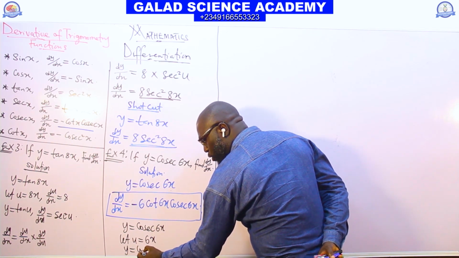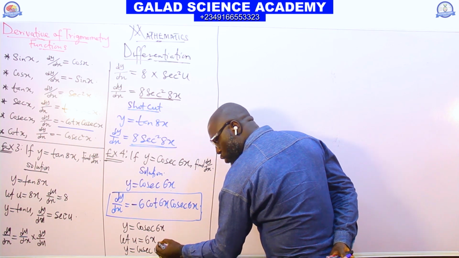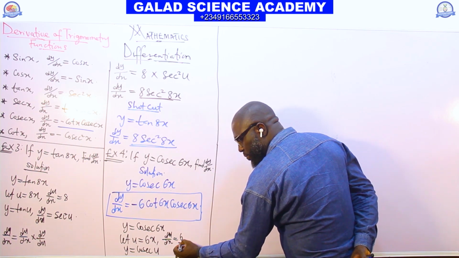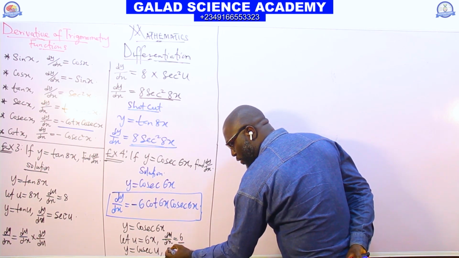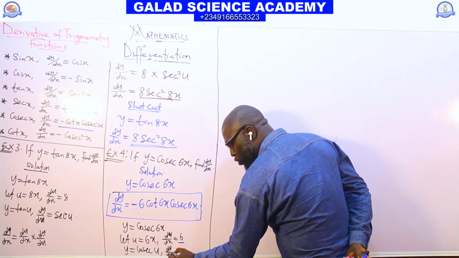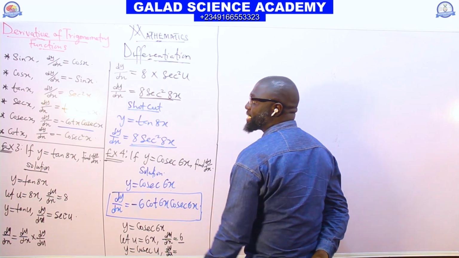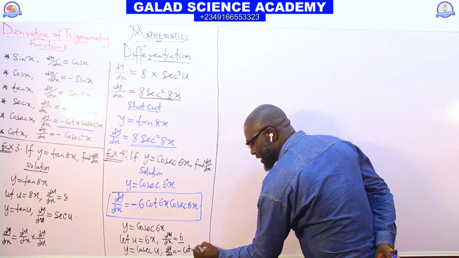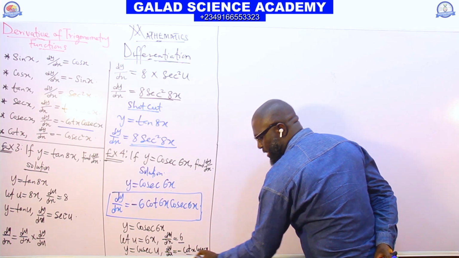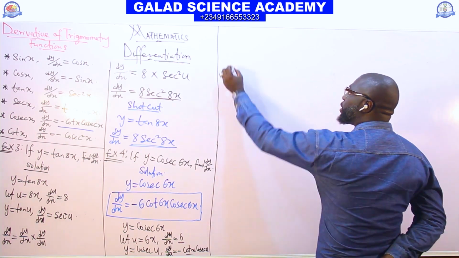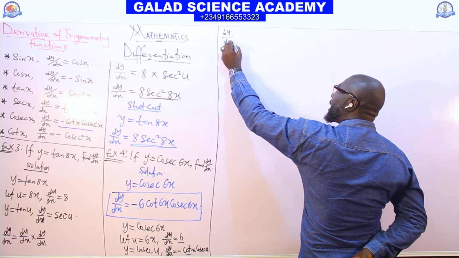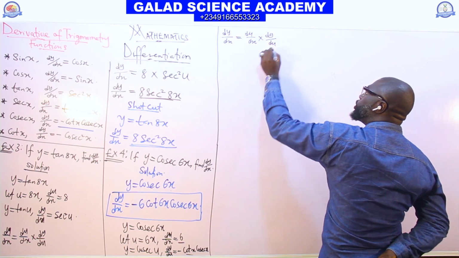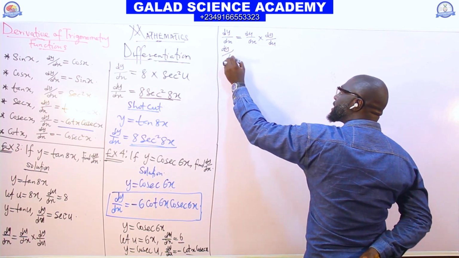Then y now equals cosec u. du/dx here gives us 6, and the derivative of y with respect to u, the derivative of cosec x, we have it here: cosec x will give us minus cot x cosec x. So our final dy/dx will be du/dx multiplied by dy/du.